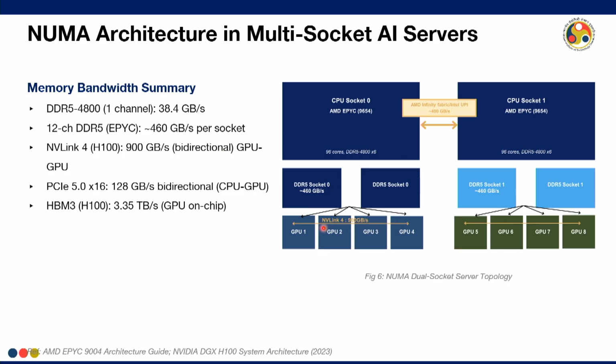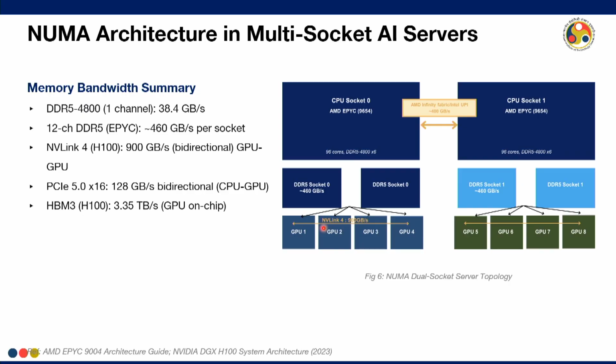Each GPU per socket is interconnected with this NVLink 4 data connector, which is bidirectional. That means they can take data and send data at the same time. So basically it achieves around 900 Gbps bandwidth, and then PCI Express will achieve around 128 Gbps bidirectional CPU to GPU. So the HBM3 will attain around 3000 Gbps, which is GPU on chip.